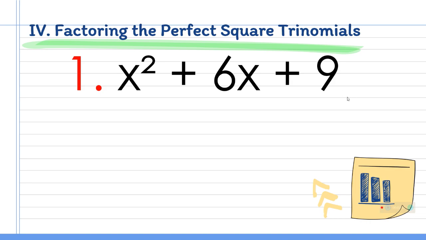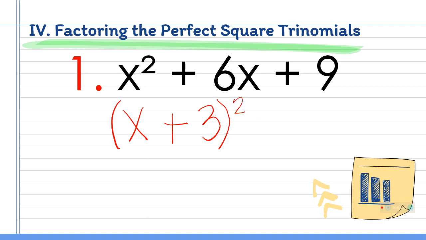So first, you are going to extract or get the square root of the first term, which is x squared. The square root of x squared is x, and the square root of the last term, 9, will be 3. Then, copy the sign of the middle term of the trinomial and close in parentheses and raise it to the second power.